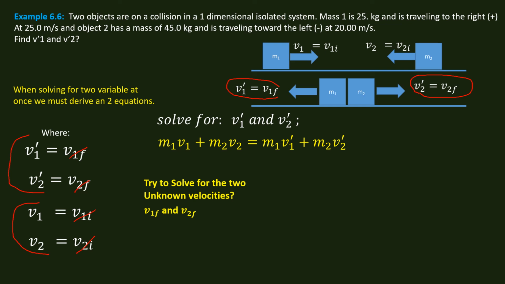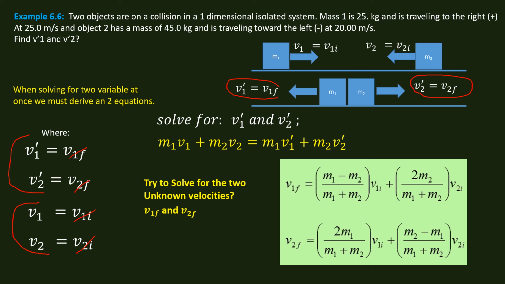Try to solve the two equations for the unknown velocities. I've done this for you. You should go back to your algebra book and see how to solve two variables. Because this diagram did use the F and the I, these are the same thing as V1 prime and V2 prime.